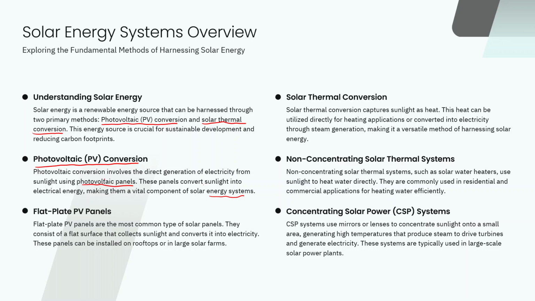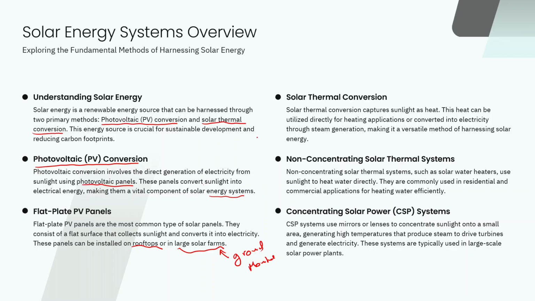Among the solar panels, the flat plate panels are the most common type. They have a flat surface that collects the sunlight and converts it into electricity. You can install them on a rooftop, or you can even install them in a large solar farm, what we call ground mounted.